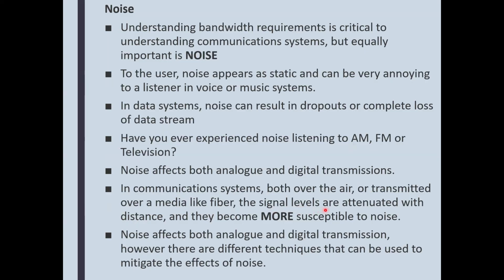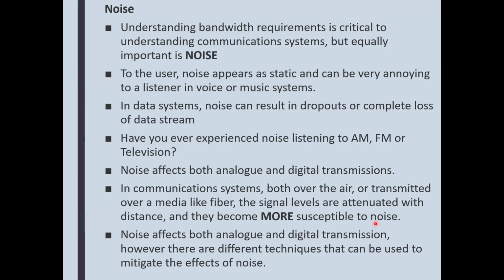Signal levels are attenuated with the distance, so the further you get away, the weaker the signal is, and they become more susceptible to noise, because when the signal is weak, the antenna is trying to pick up the signal along with the noise, and if the signal is weak enough, it's going to be comparable to noise.